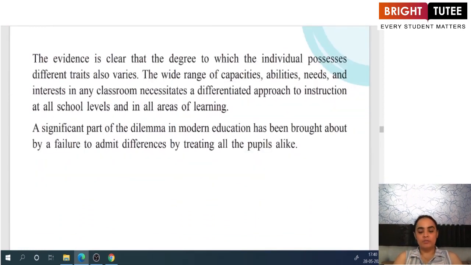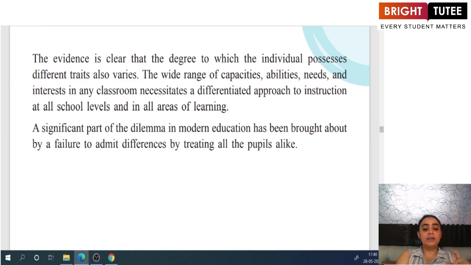So we know that individual differences exist. The traits and characters in the individuals are different on the basis of their capabilities, abilities, needs, interests, approach, attitude, and so on and so forth. So, an educational institution needs to follow a differentiated approach if it wants to ensure maximum learning is imparted to the students.